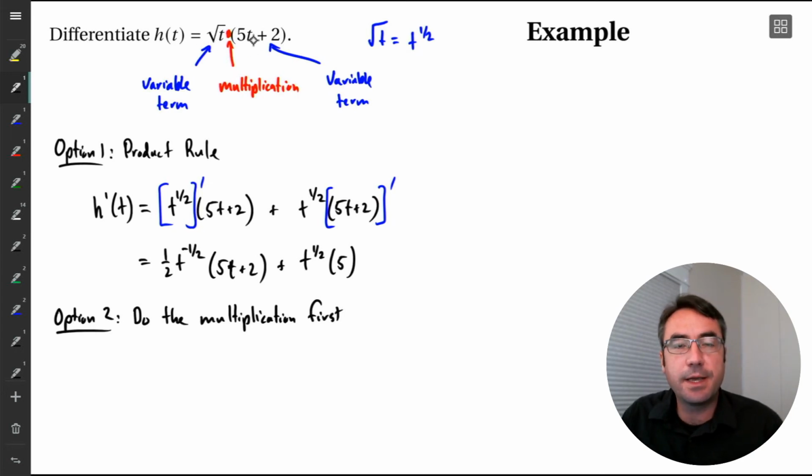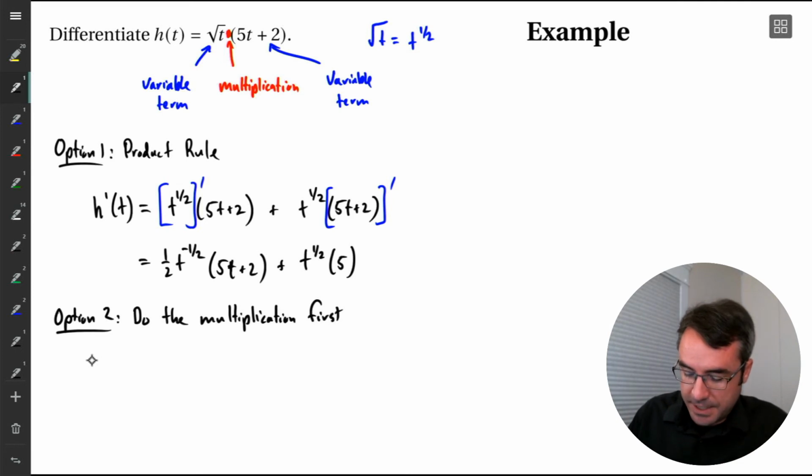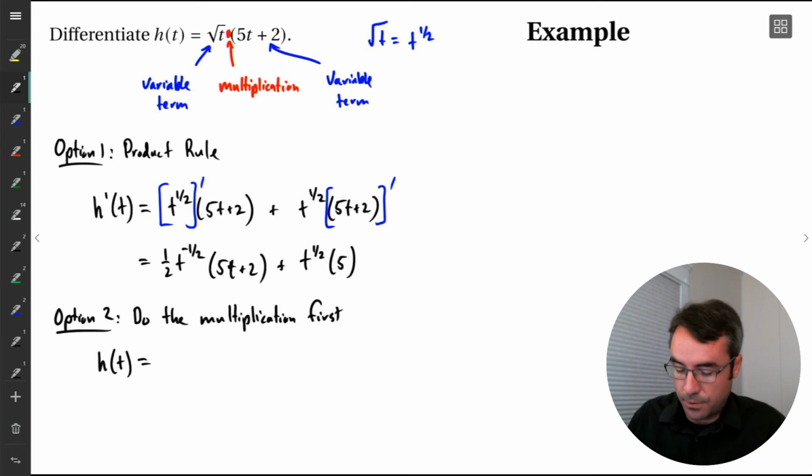So when we do the multiplication, we're going to be able to simplify the result down a bit. So in this case, maybe doing the multiplication first makes a little more sense. But either way is going to be perfectly fine. All right, so let's actually start with our function, h of t, and let's go through the multiplication here.